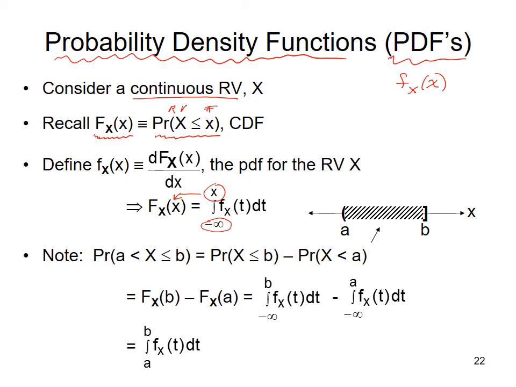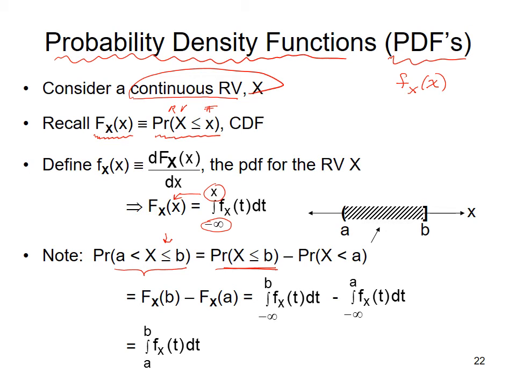So if I want to compute the probability that x is between A and B, that means the probability x is less than or equal to B. I'm trying to be careful here with the endpoints, even though we don't really have to for continuous random variables, just for the sake of definition.